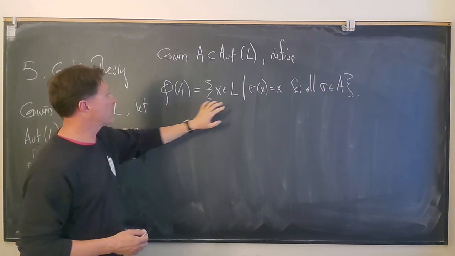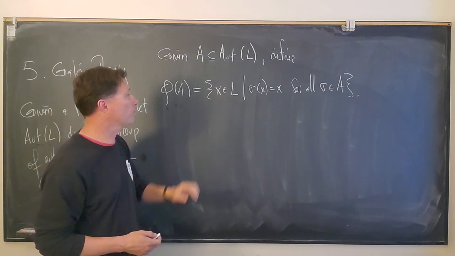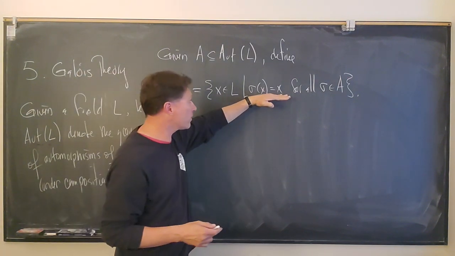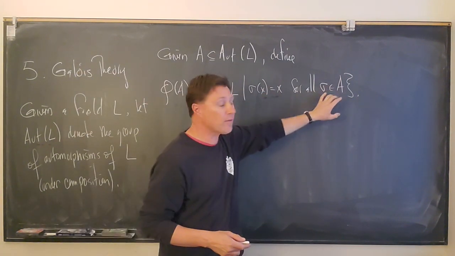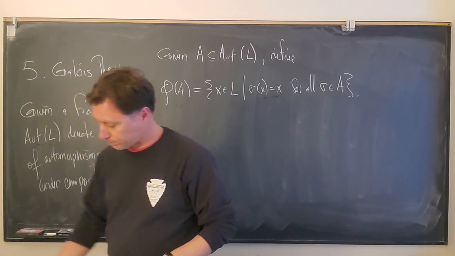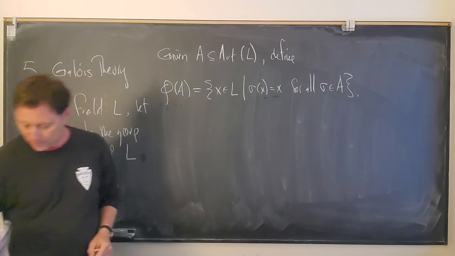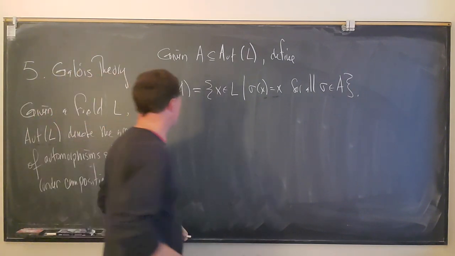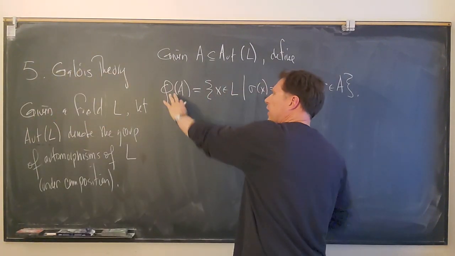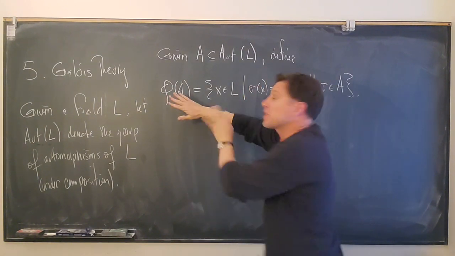Phi of A will be the set of all elements of L that are fixed by every element of capital A. Let's play around with this object. At this point, it's just a set.